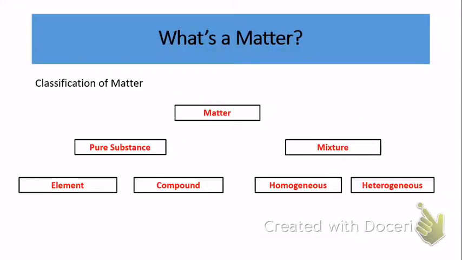Now, we can further classify matter into two major groups. We can classify matter as either a pure substance or as a mixture. A pure substance can further be broken down into either an element or a compound.